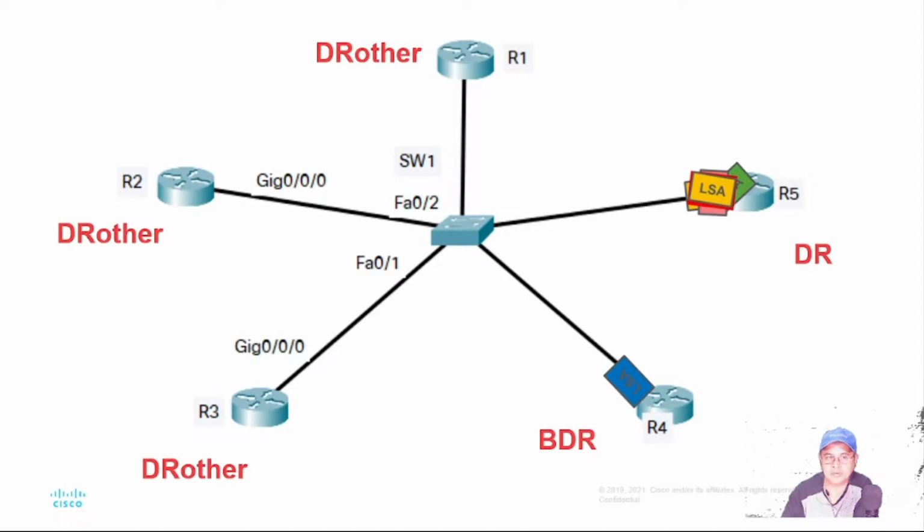There must be one device that will act as the DR, or designated router, that will collect and distribute all the LSAs of all the routers participating in the routing domain, in order to control the routing processes, and at the same time control all the updates or LSAs coming from the different routers that participate in the routing domain.